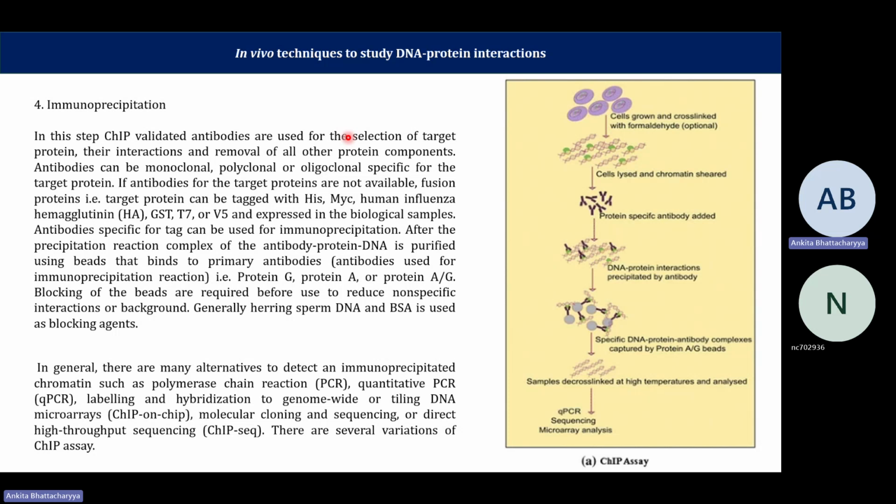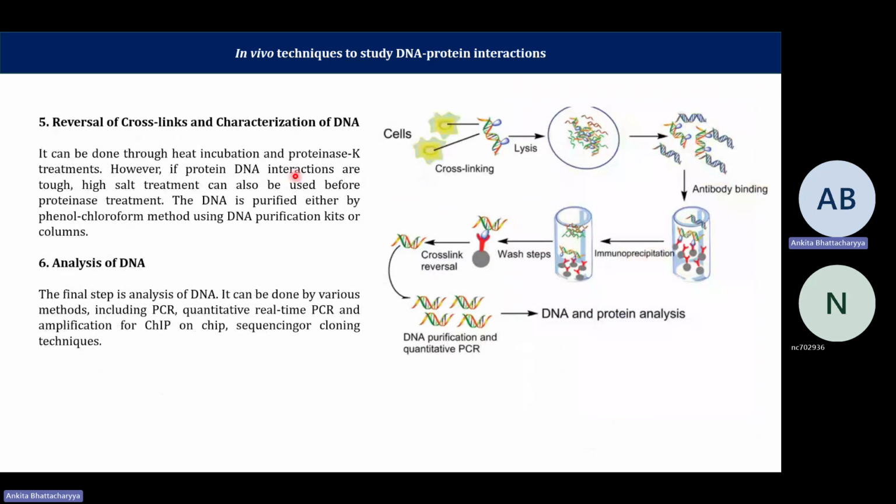And there are multiple alternatives also to detect this immunoprecipitated chromatin, like there's PCR, like I mentioned, qPCR, ChIP-on-chip, ChIP-seq, etc. We'll discuss a few variations in the next couple of slides. Now, after immunoprecipitation and washing, you have to perform reversal of crosslinks and DNA characterization.